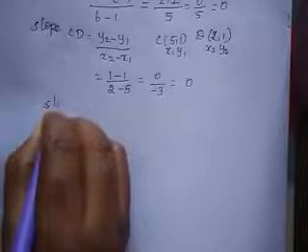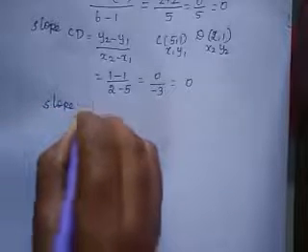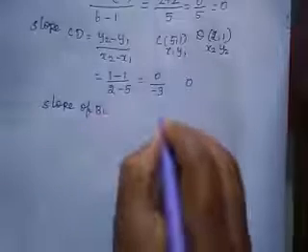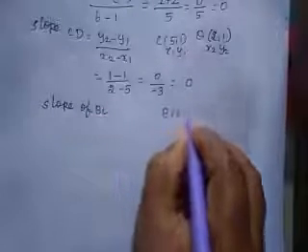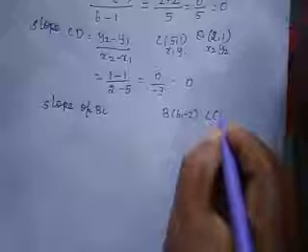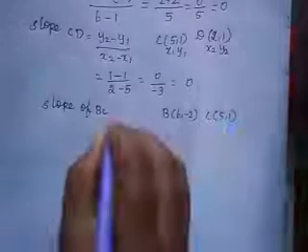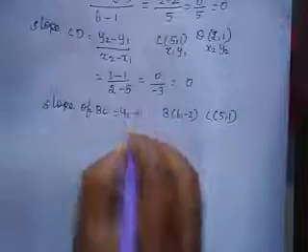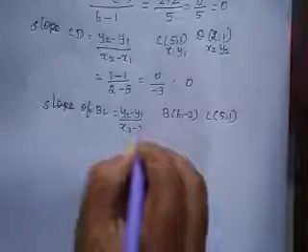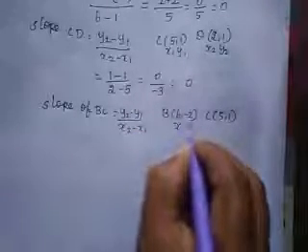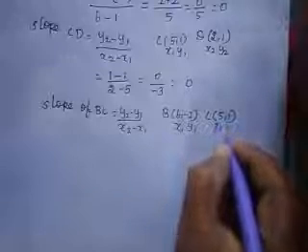Next, slope of BC. B is (6, -2), C is (5, 1). So y2 minus y1 by x2 minus x1. The points are x1, y1, x2, y2.